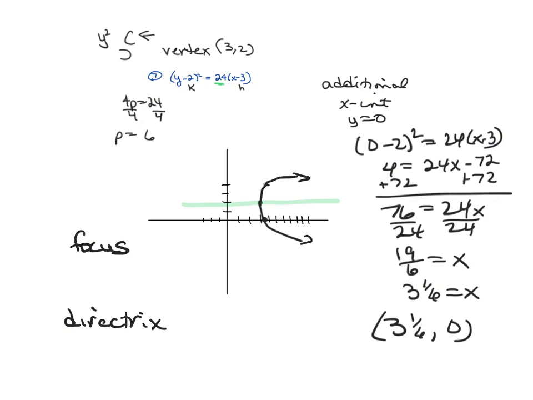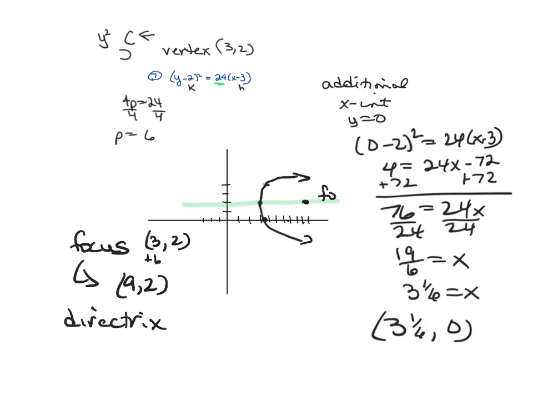So we're going to be using the p-value. My vertex is 3, 2, but to get your new focus point, we need to add the p-value to the x, so we get 9, 2. That's your new focus point. So let's see, 1, 2, 3, 4, 5, 6, 7, 8, 9, 2, and it's right here.